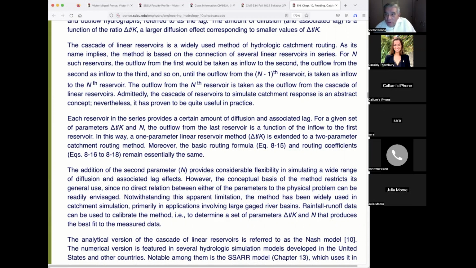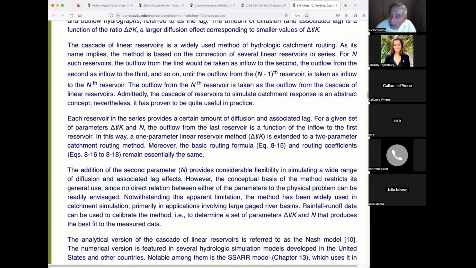However, because you have so many of them, the appearance of convection is implicit in the answer. In other words, you produce so much diffusion that it looks like the wave, because we're calculating waves, did convect, when in fact it didn't. It just diffused the heck out of it, and it ended up showing as convection.